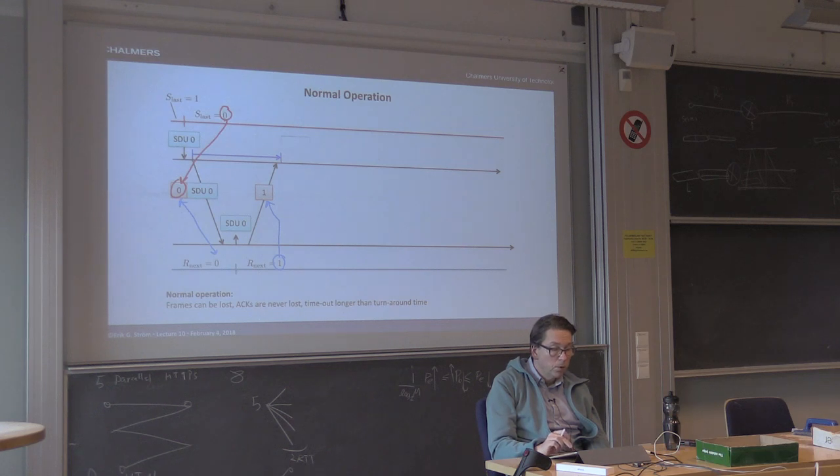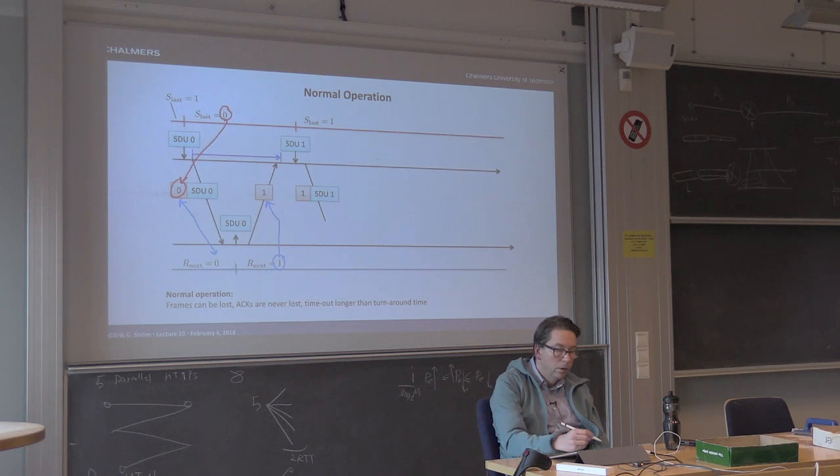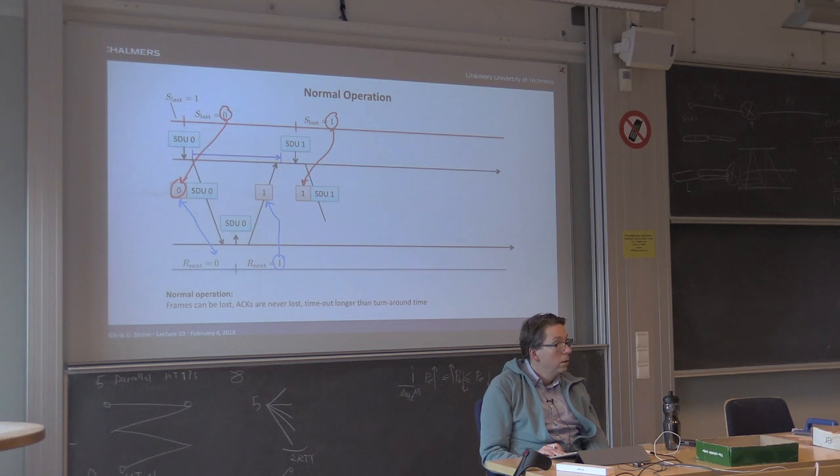Okay, so what happens next is that service data unit number 1 arrives to the transmitter, and then the transmitter transmits that, or rather updates first its sequence number and transmits that over the channel. So this one is here, and then unfortunately this got lost. So what's going to save us now is the timeout.